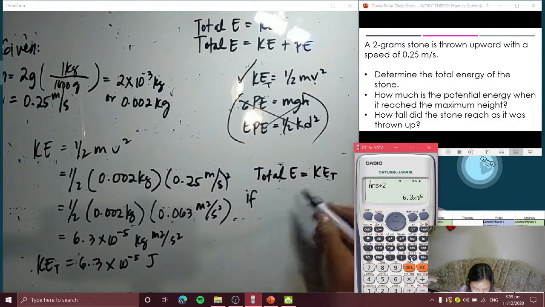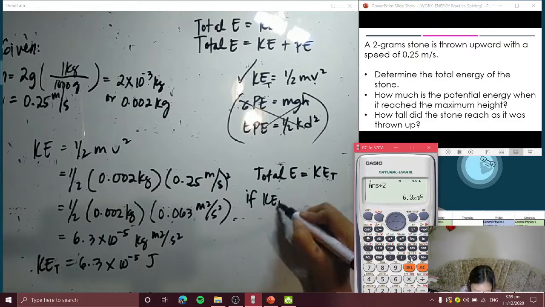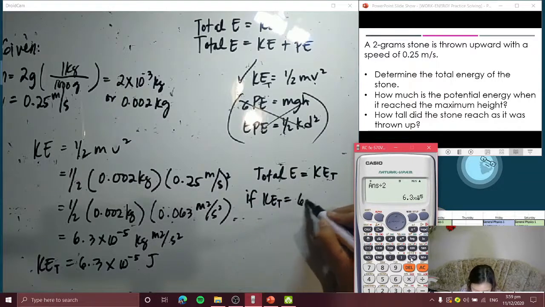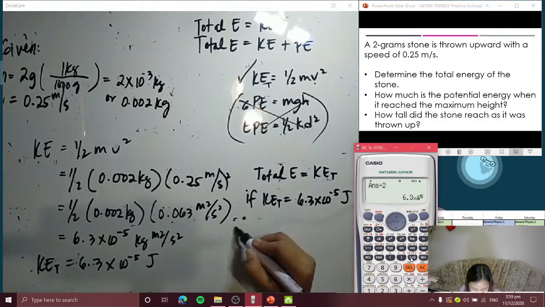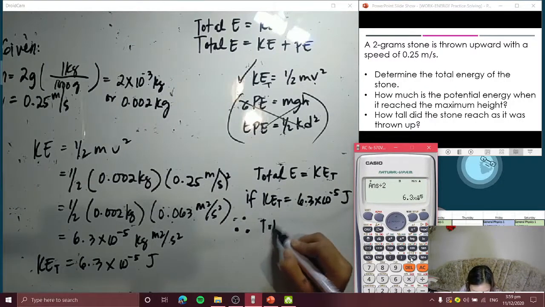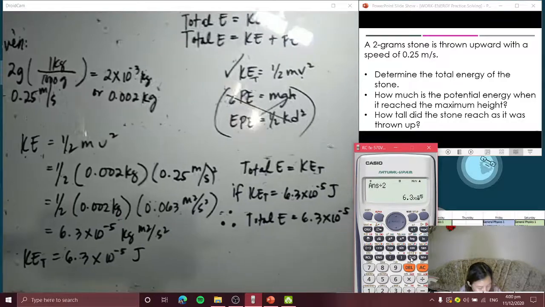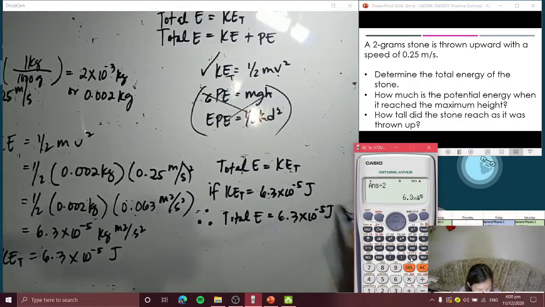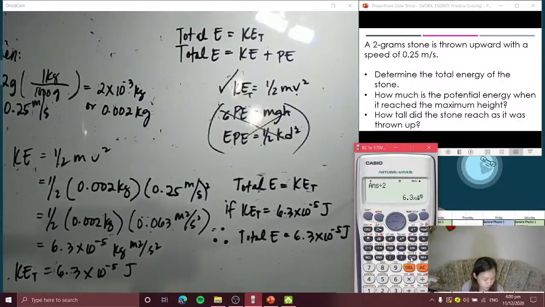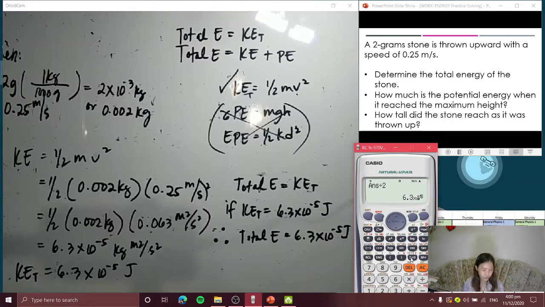So if KE total is 6.3 times 10 to the negative 5 joules, therefore, total energy is also equal to 6.3 times 10 to the negative 5 joules. Okay, so there it is. This is for our calculation. So I hope that is just clear. Okay, so that's for our first unknown value.